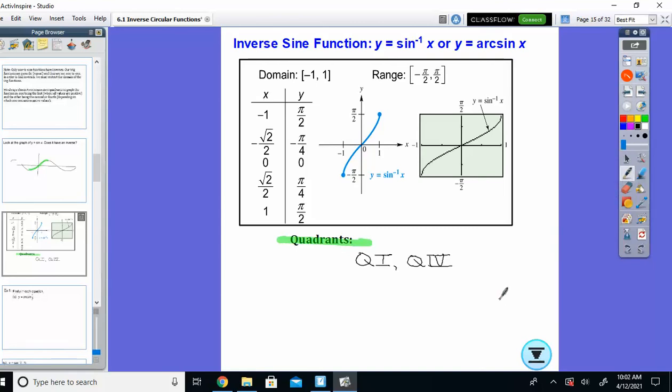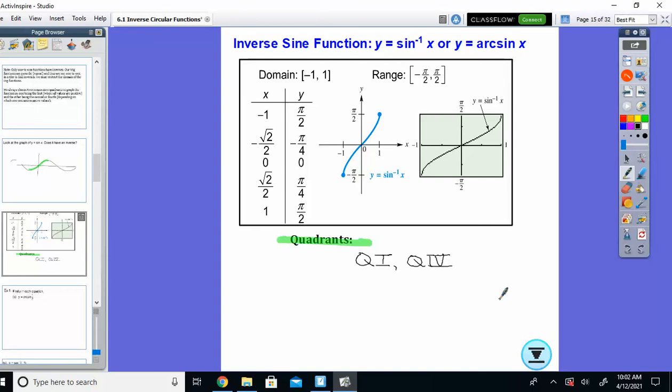Basically, we need 2 consecutive quadrants. Our options will either be 1 and 2 or 1 and 4, because quadrant 1 always gives us the positive. We pick the second one based on where it's negative. So sine is positive in quadrant 1, negative in quadrant 4. Those are the 2 quadrants we will use if the original problem has an inverse sine in it.